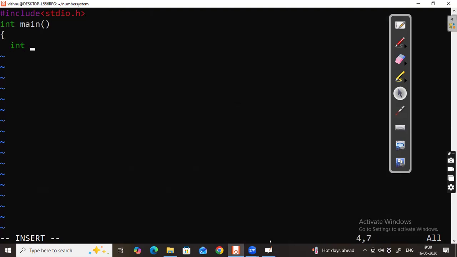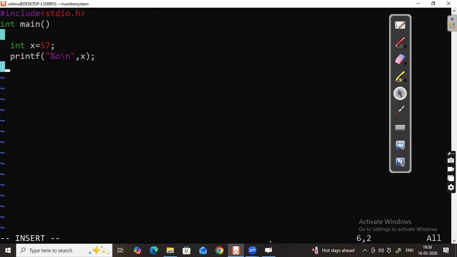Okay, so int x equal to 57 and printing. I'm converting this 57 into which one? Octal. What is the format specifier for octal? Percentage o. Percentage o backslash n inverted commas close, comma x.